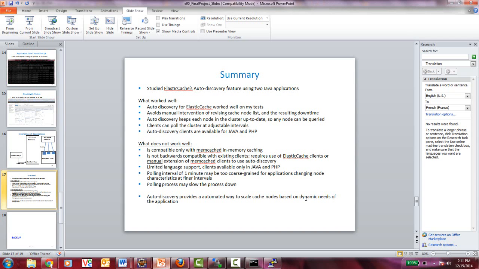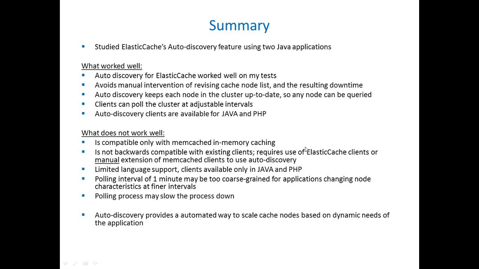So the summary: Elastic Cache web service is very helpful. It helps us build a cache cluster without worrying about a lot of details. The auto discovery feature helps us to detect the cluster changes without resulting in downtime and manual intervention.